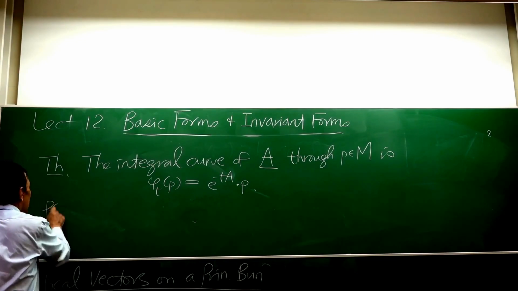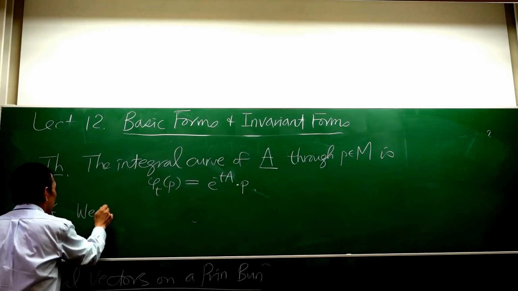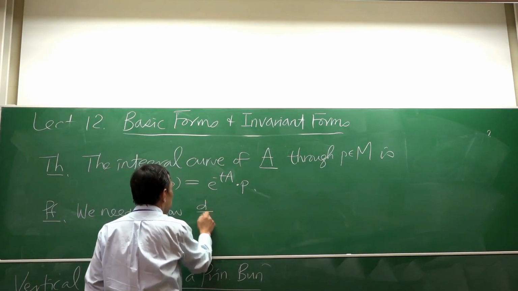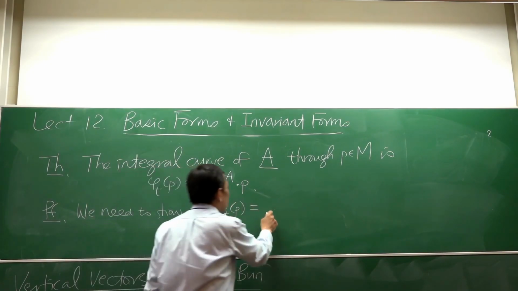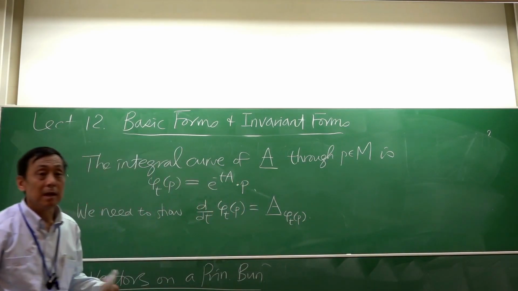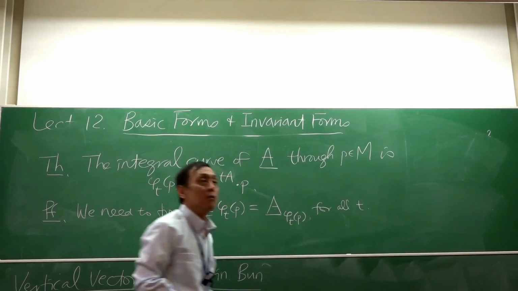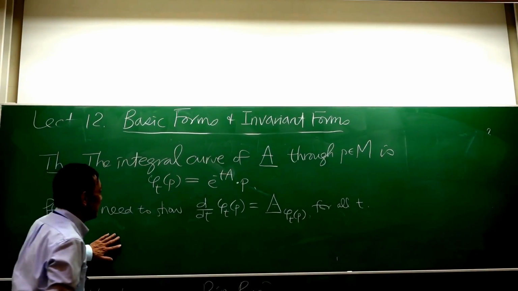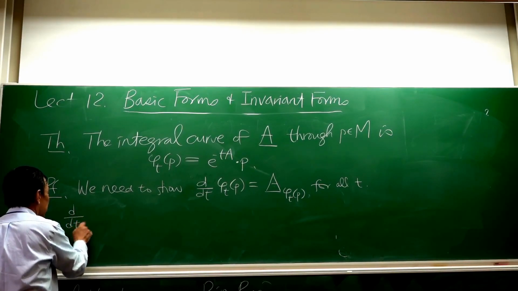So we need to show that the derivative at all time t is the vector field at the point at time t for all t. We only know it for t equal to 0. But we need to have it for all t. So we just go ahead and calculate this derivative.